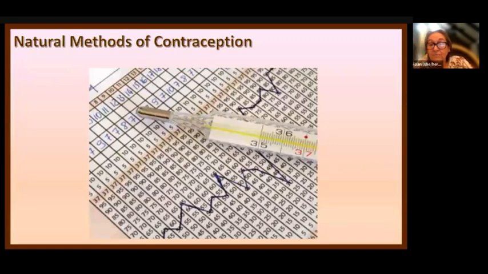There's usually not much change in temperature, less than 1 degree, and then there's 2 or 3 days when the body temperature rises, and that's usually when ovulation is occurring. So it keeps going along at the same temperature, and then all of a sudden it increases.